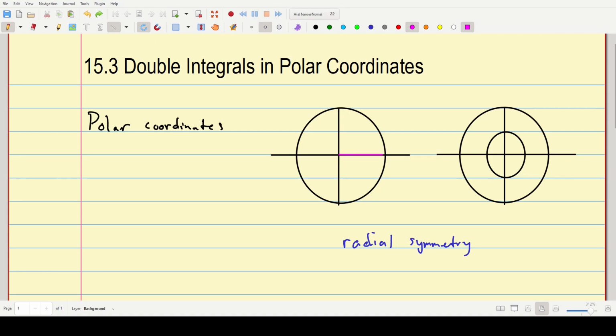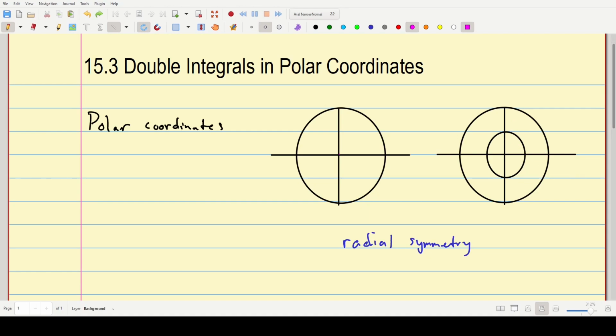Now, as this is going on, this line is allowed to change length. It also doesn't necessarily have to start at the origin, but the idea is that when it moves, it has to move like this.